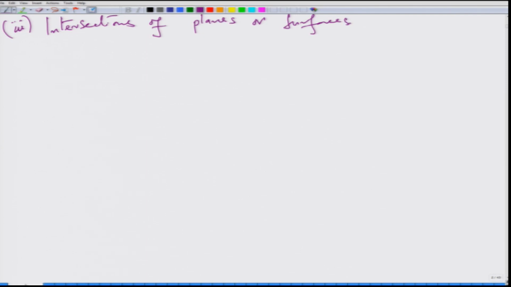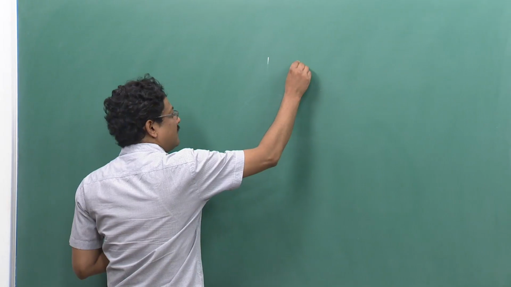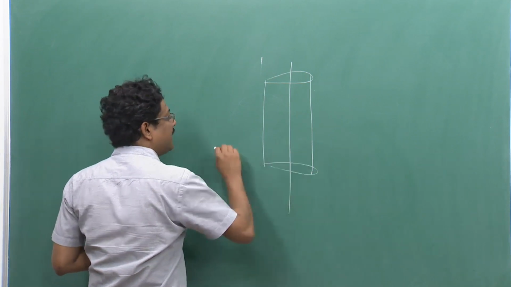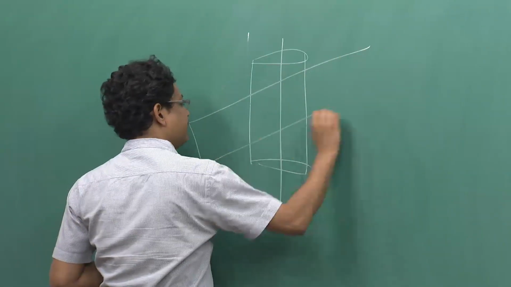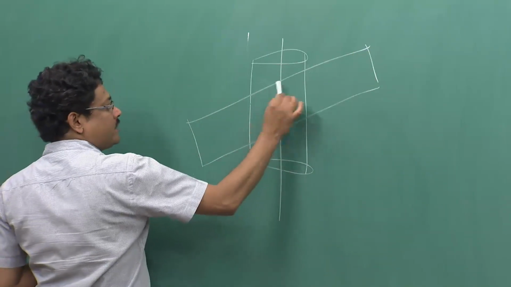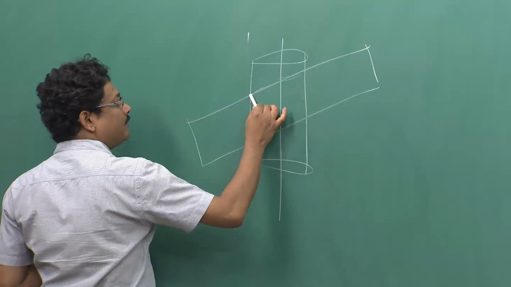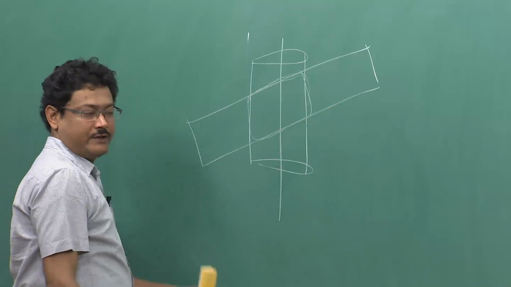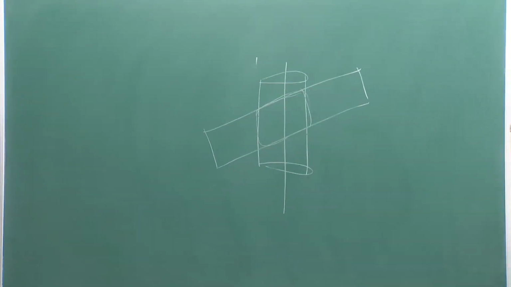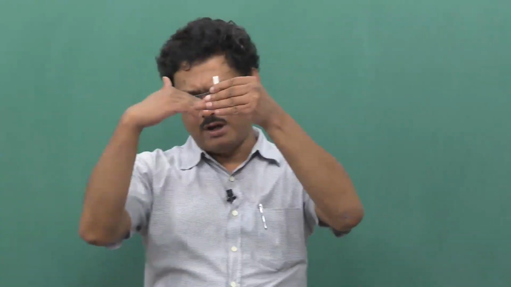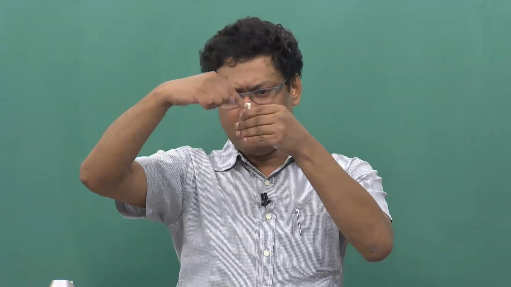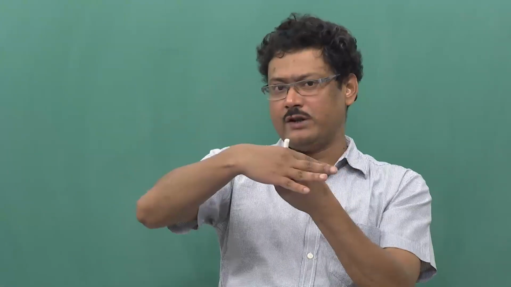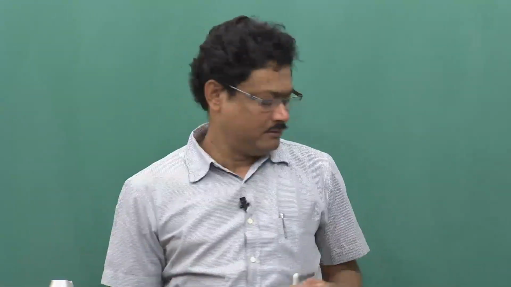Suppose I have a cylinder here, and I have a plane cutting through it. The portion that belongs both to the plane and the cylinder gives rise to a curve in R3. So, you can imagine a cylinder is there, a plane is cutting it, and the portion that belongs to the outer surface of the cylinder as well as lies on the plane gives you a curve in R3.